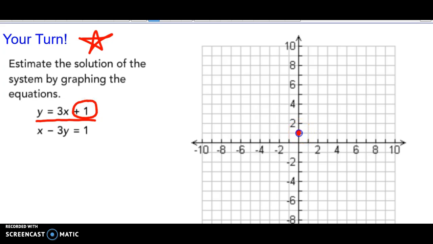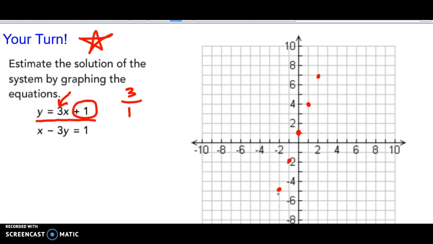I graph that point on the y-axis. Now I'm going to use my slope of 3. So a slope of 3 would be rise 3, run 1. So I'm going to go up 1, 2, 3, over 1, up 3, over 1. Or I could go down 3, left 1, down 3, left 1.